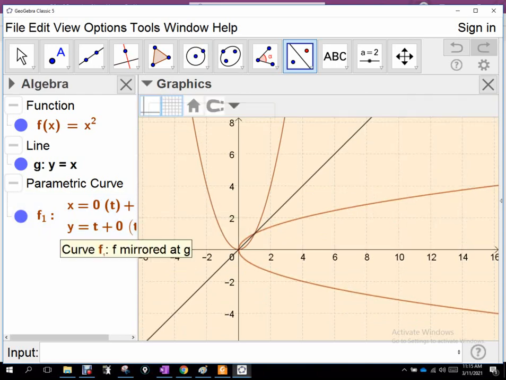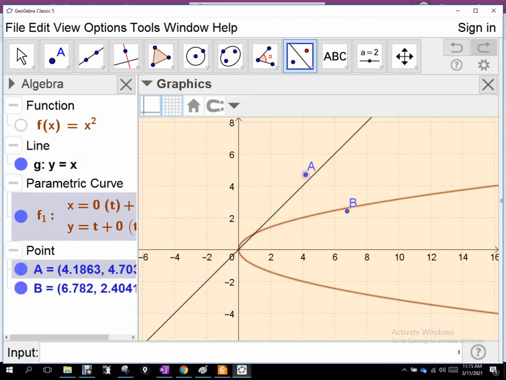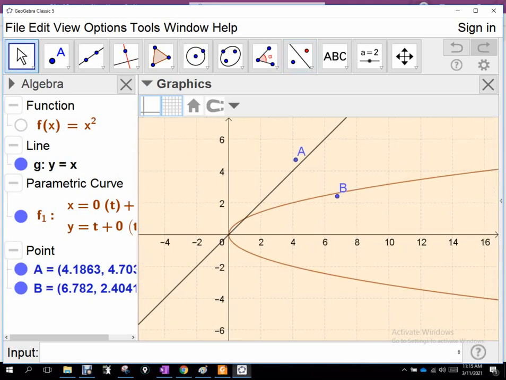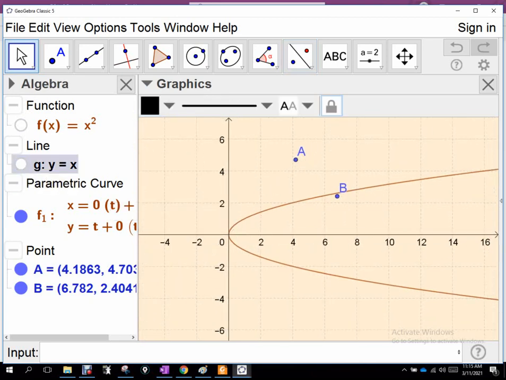So this orange curve is the reflection of x squared across the line y equals x. Does this pass the vertical line test? To pass the vertical line test, you can only intersect it one time, right? This intersects two times, doesn't it? So this would not be a function. And it's not a function because if I asked you all, everybody tell me the y value that goes with x being 4, what are some of you going to tell me?